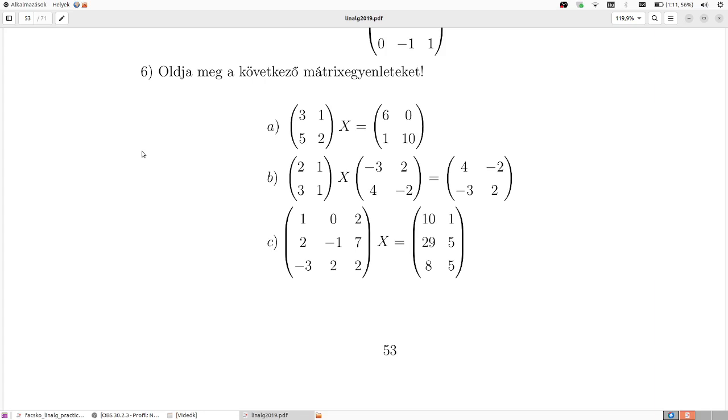Okay, so this is the result of calculating the subdeterminants. So transpose.